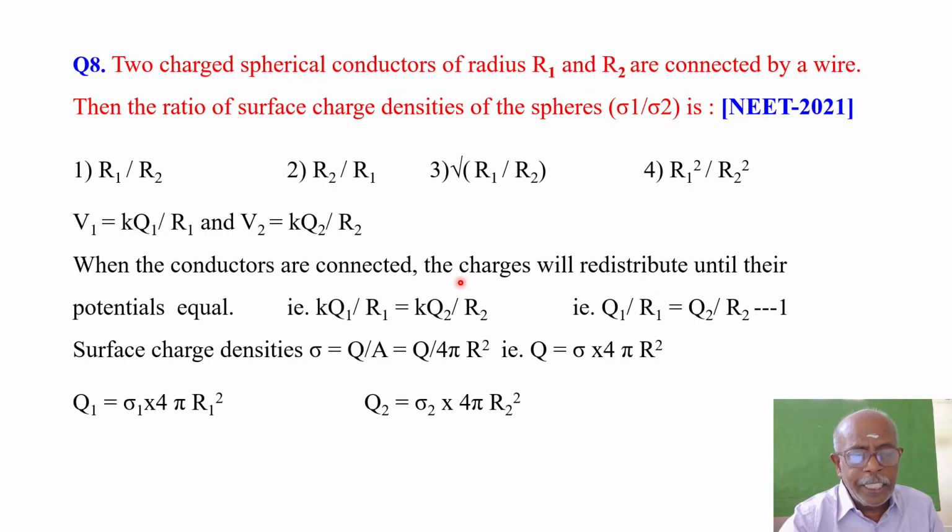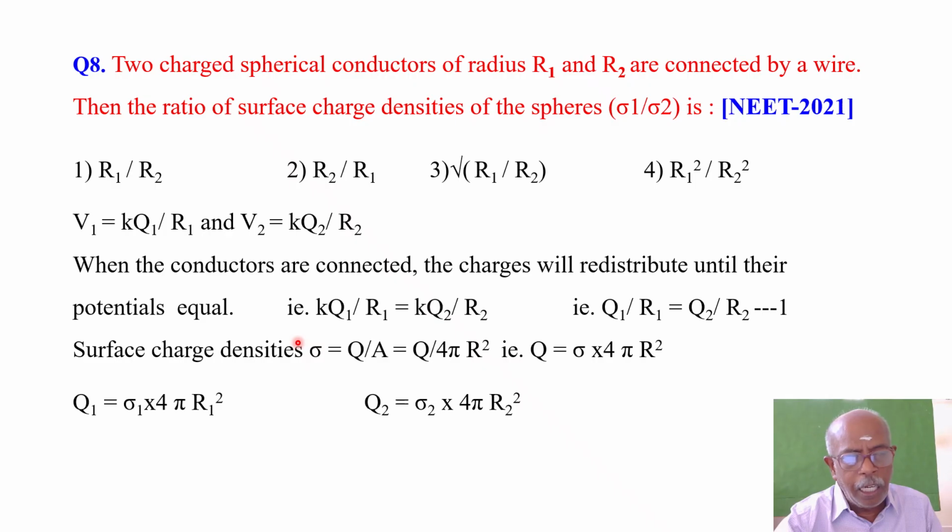When the two conductors are connected by a wire, the charges will redistribute until their potentials become equal. Charges will flow from one sphere to the other sphere until their potentials become equal.